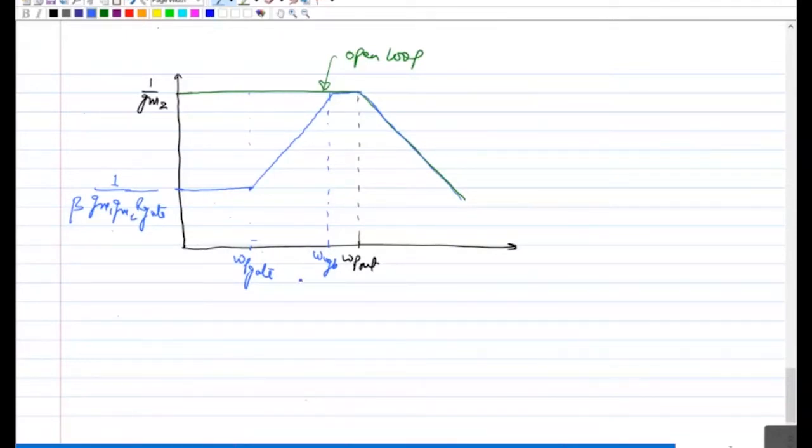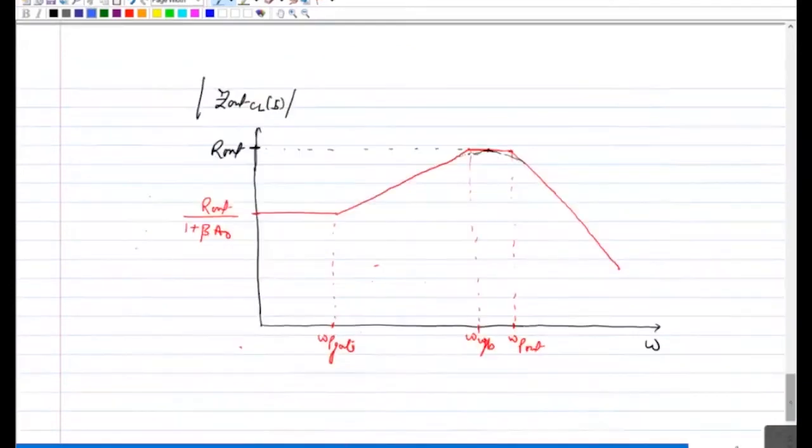Okay, let me open the slide. So this was your PMOS, correct? And this was going to R out, with 1 plus β0 as the loop gain.